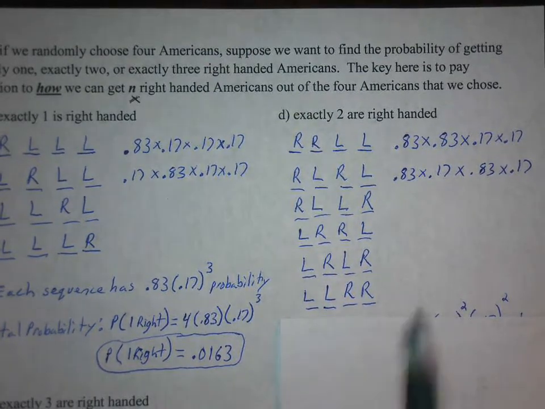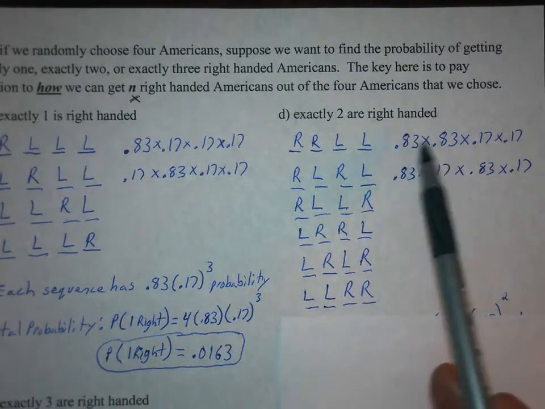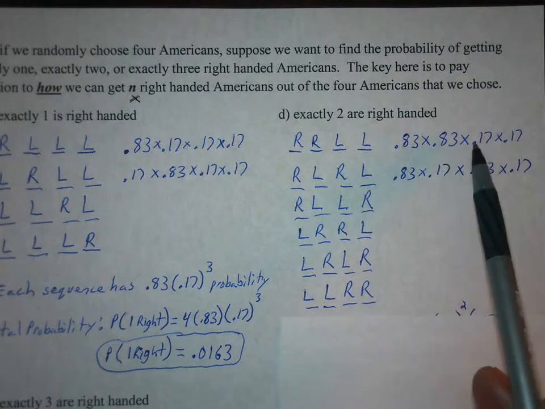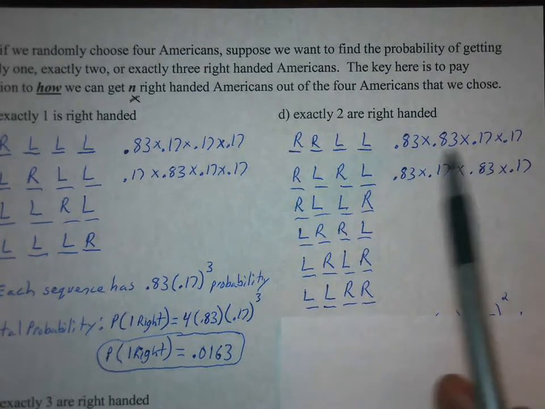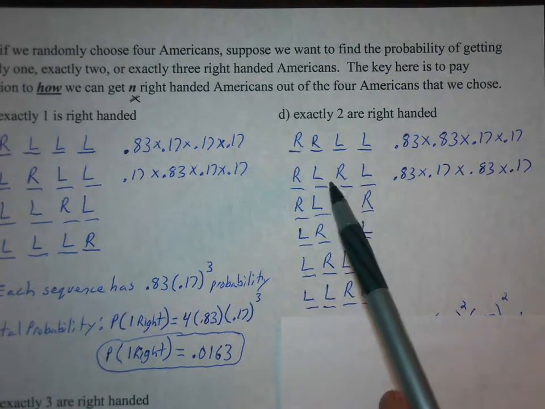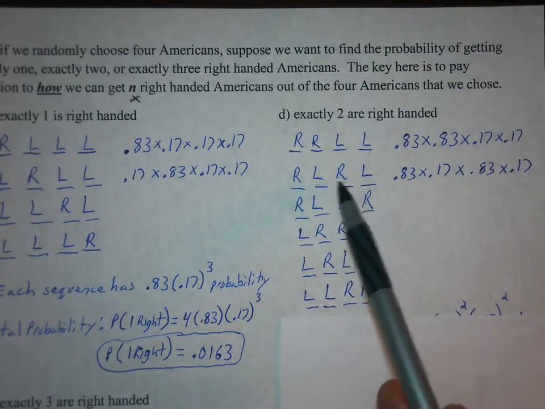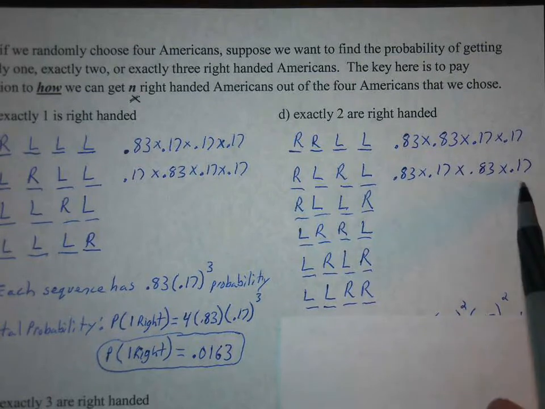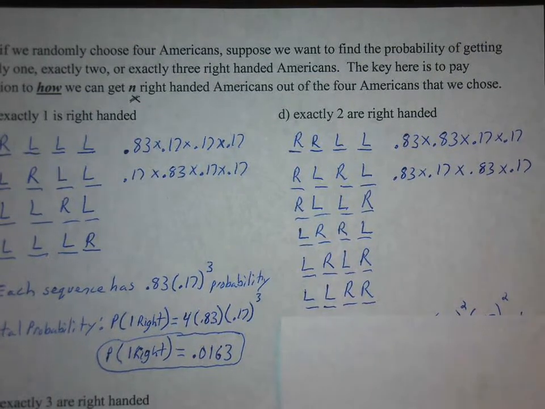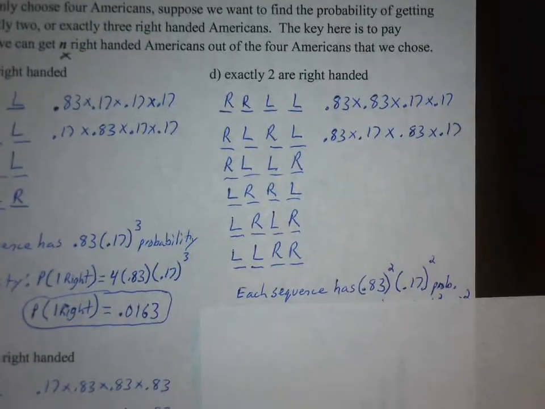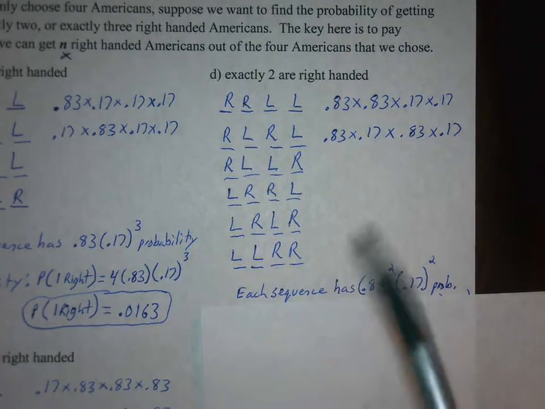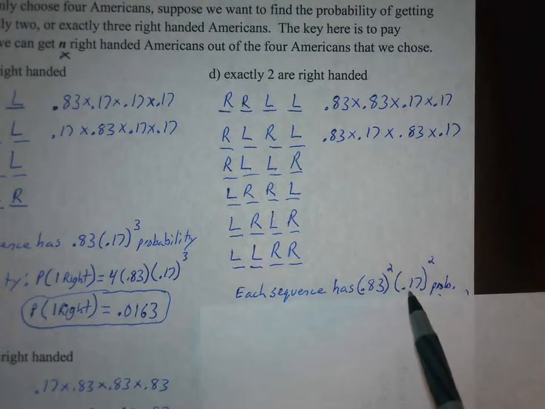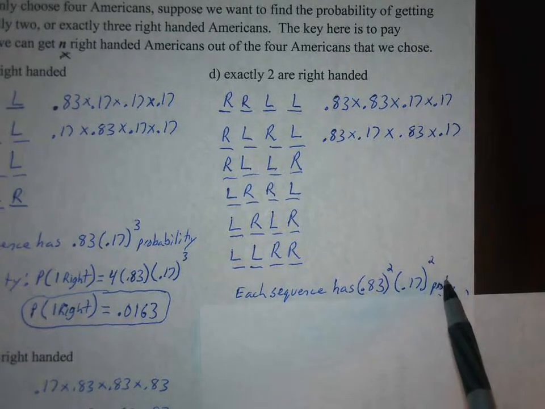Now the probability of each sequence, there's 0.83 twice and 0.17 twice. So no matter how they were arranged, as long as you have 2 R's and 2 L's, you're going to have 0.83 twice and 0.17 twice. So each sequence has a 0.83 squared times 0.17 squared probability.